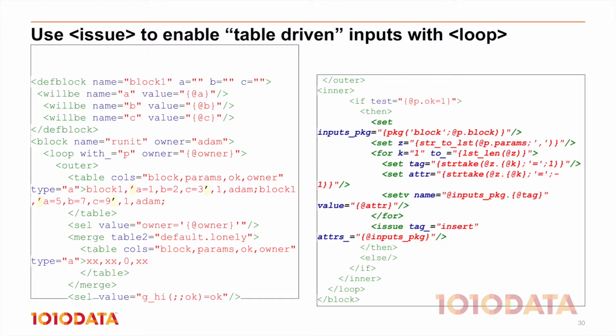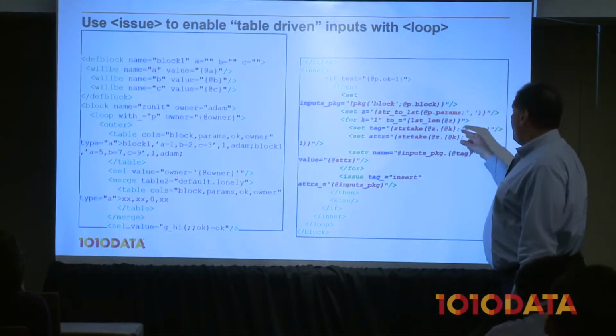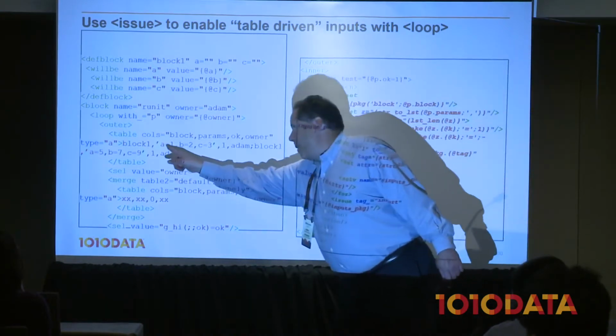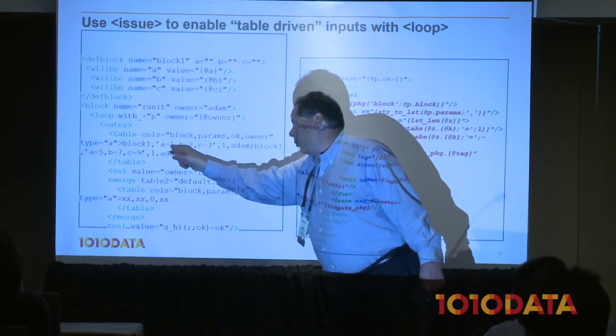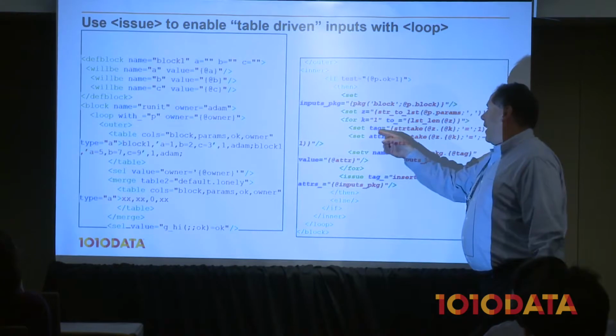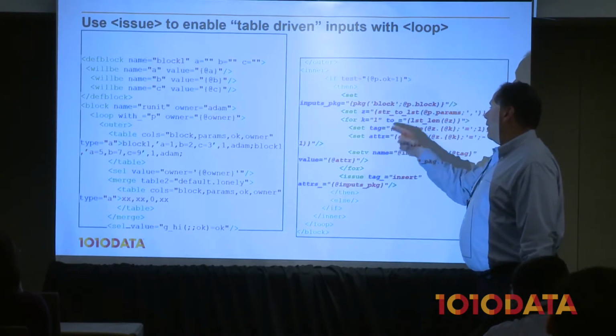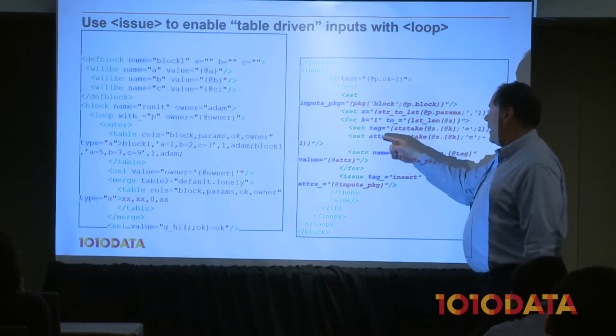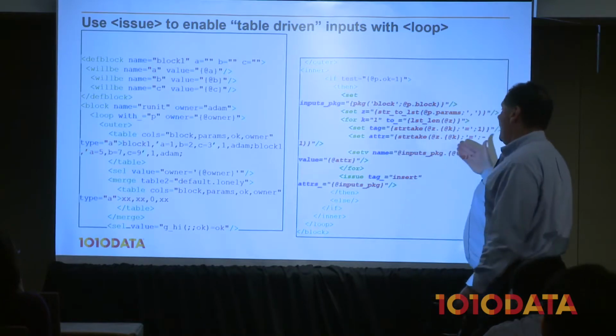We did this already before. We're creating a list, an array out of it, and then we're going through the array and breaking it out so that we separate it across. We use the equal sign to separate it, and we're creating an additional part of our input. So we have a tag and an attribute, and then we keep adding that to the package.